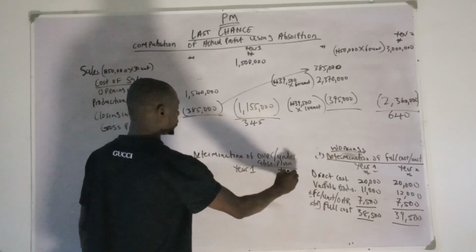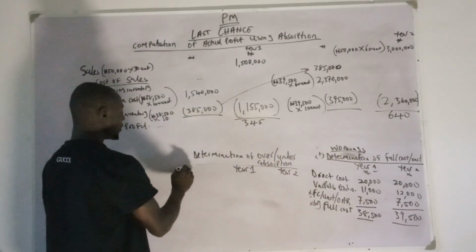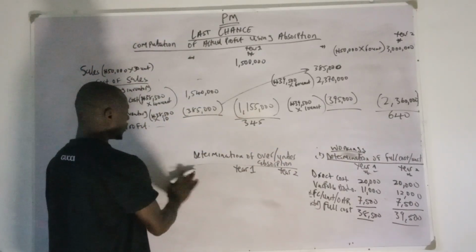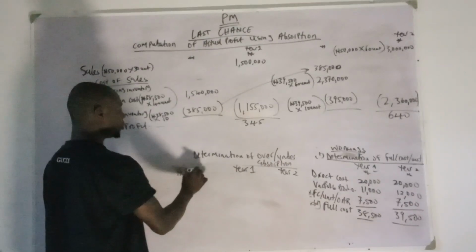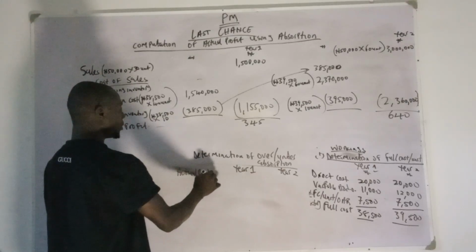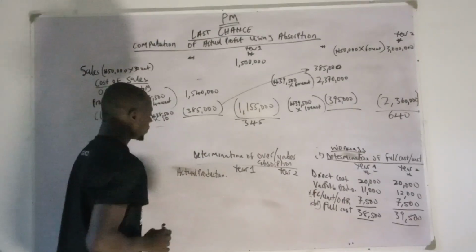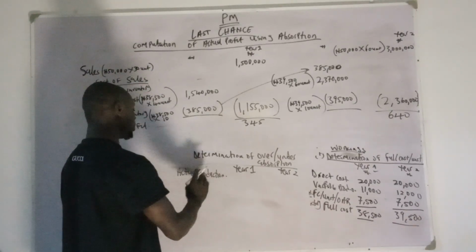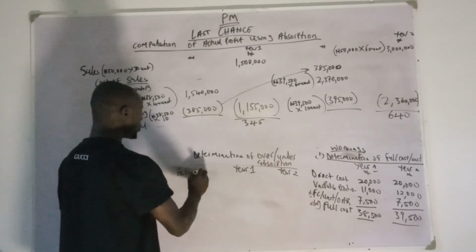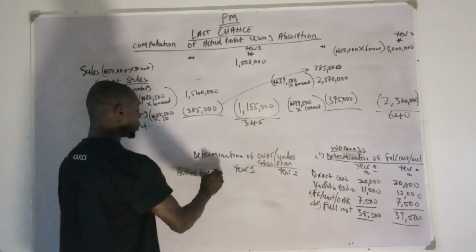Now, year 1, year 2. So what is the actual production, or actual fixed production overhead? Let's say actual fixed production overhead, right?